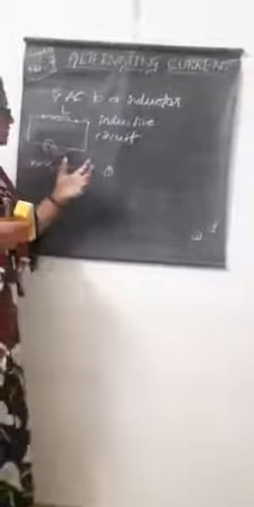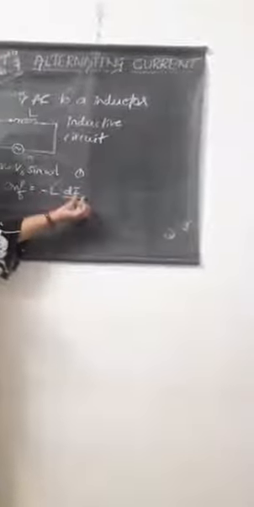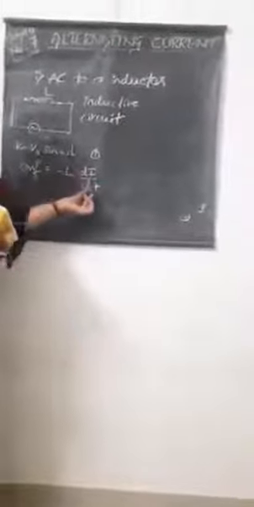Means EMF is produced and that EMF opposes the change in current. So here one EMF is produced and that EMF I will write as minus L into di by dt, because L is the inductance, di is the change in current. So EMF produced in this circuit I will write as minus L into di by dt.